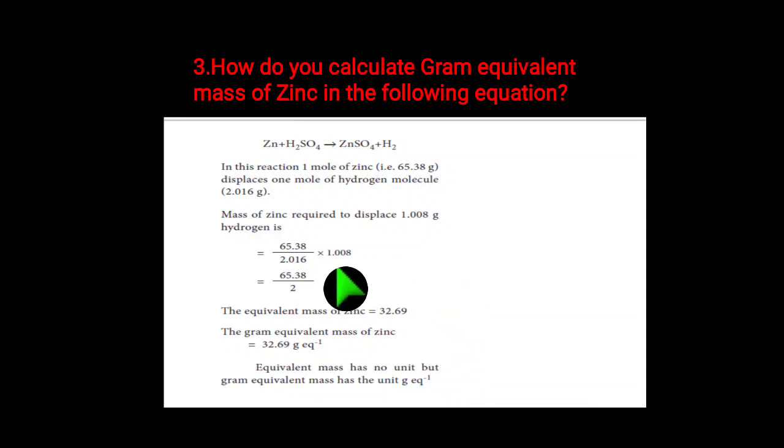I repeat, 2.016 gram of hydrogen molecule is obtained from 65.38 gram of zinc. If so, for 1.008 gram of hydrogen, how much mass of zinc is required? That is called the gram equivalent mass.